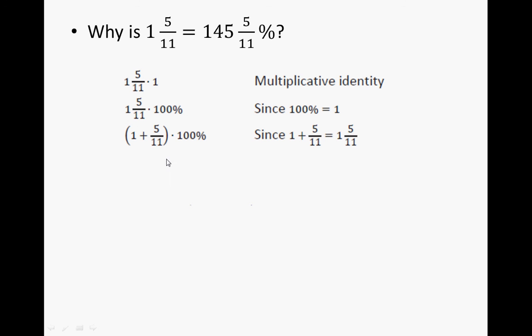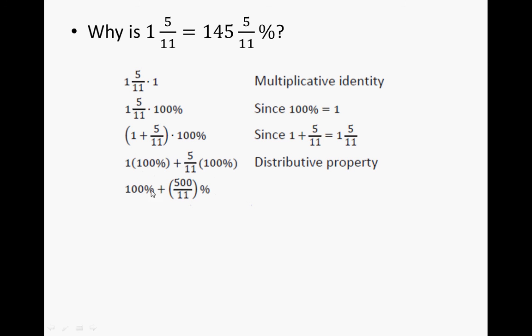Now, going back and using the definition of 1 and 5/11, it means 1 plus 5/11. And we're going to multiply that by 100%. So now, using the distributive property, we multiply 100% times 1 to get 100%, and 100% times 5/11.